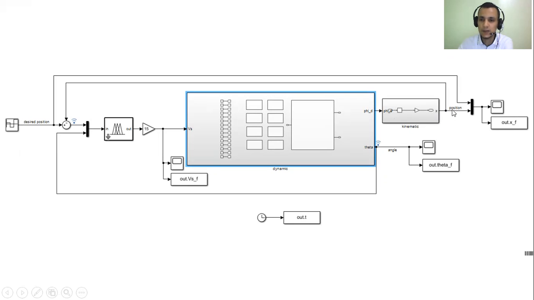So that's the kinematics. The position, we feed into our controller after subtracting it from the desired position, so we get the error. Same thing goes with the angle. The angle, we always want to be 0, so the angle is the error.